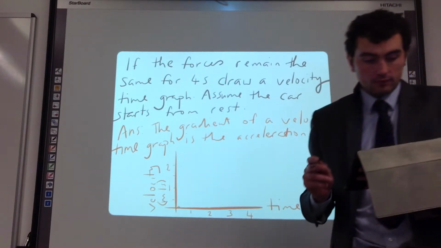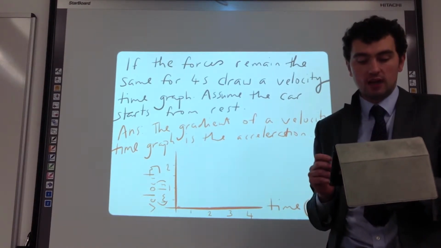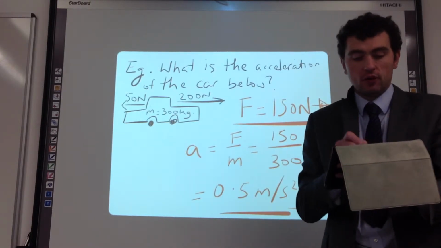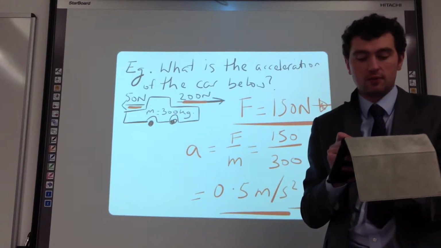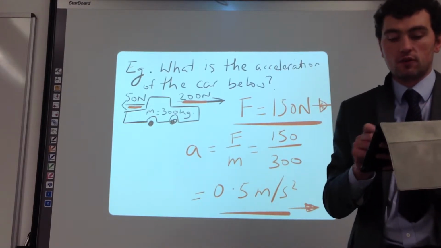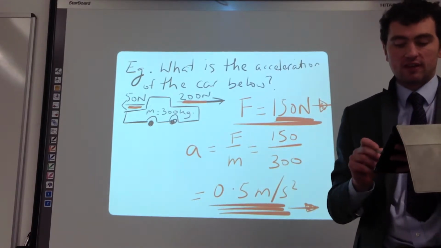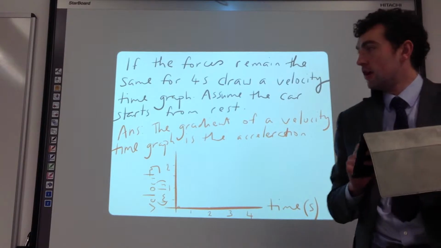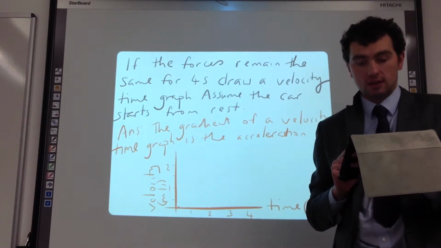Okay, if the force remains the same for 4 seconds, draw a velocity time graph. Assume the car starts from rest. So I'm assuming these forces stay the same for 4 seconds. That means the resultant force for 4 seconds will be this, which will mean the car will accelerate like this for 4 seconds. If I'm asked to draw a velocity time graph, I know that the gradient of a velocity time graph is equal to the acceleration.